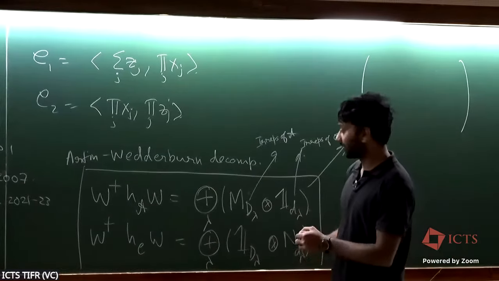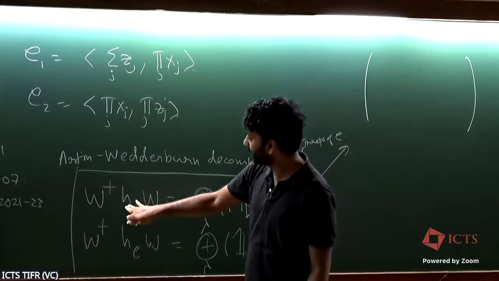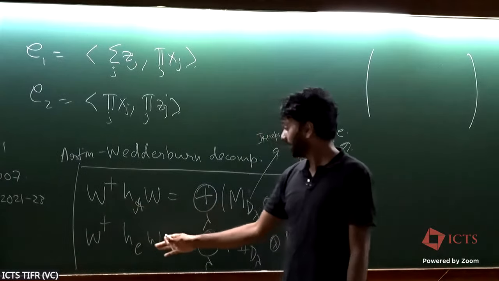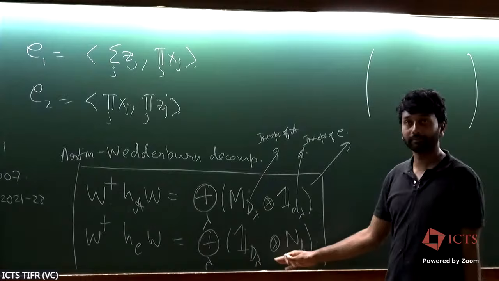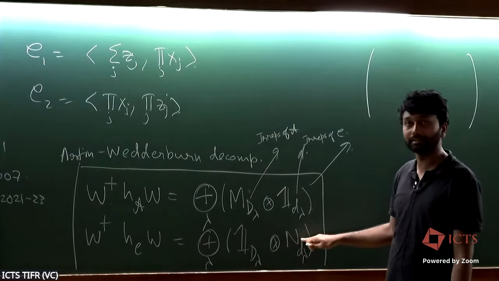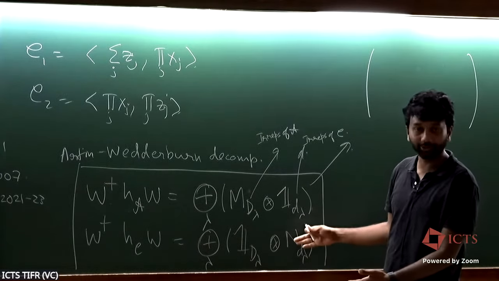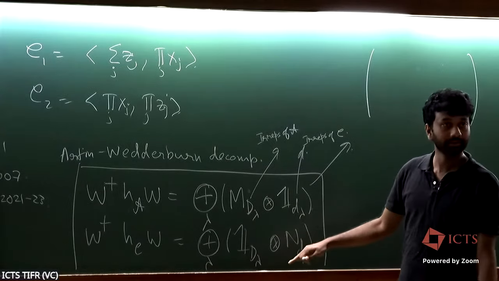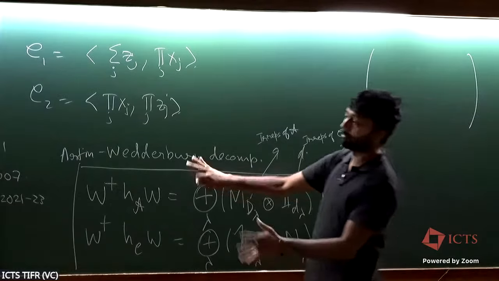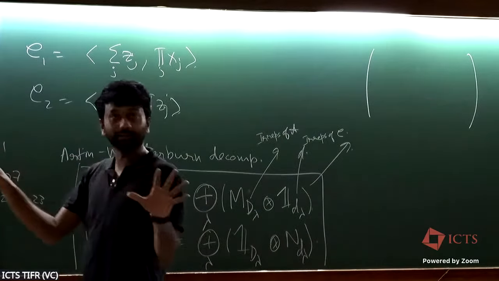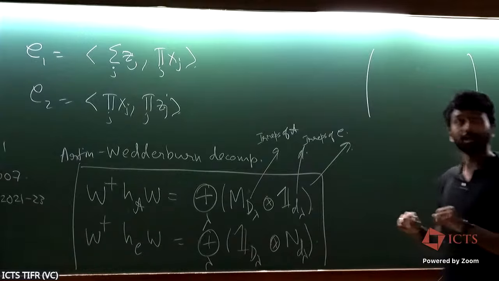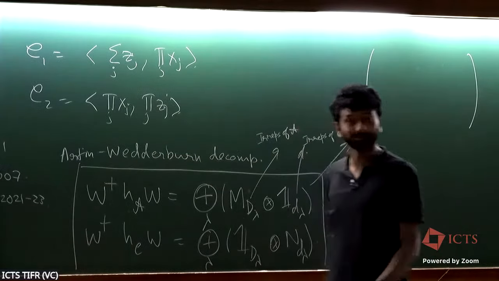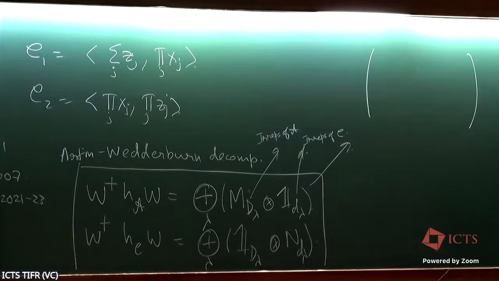Certainly you can bring A to this form, but the same unitary transformation takes C to this form, where identity is on the first copy and an arbitrary matrix is on the second copy. So these two will always commute with each other. This is just a basis transformation. Whenever you have this kind of commuting set of algebras, you can do this basis transformation, and that is a special case of what is known as the Wedderburn theorem.